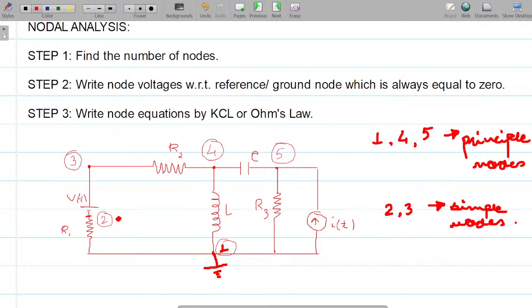So every other potential is written with respect to the ground node, which we generally take as the reference point where a lot of branches are meeting. So here 1, 2, 3, three branches are meeting and it is at the same potential. So this would be your ground node. From here on, we will write node equations by KCL or Ohm's law. It is a very simple approach. In this case, we'll see what to do.